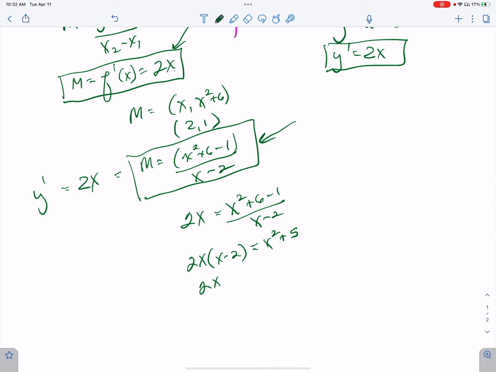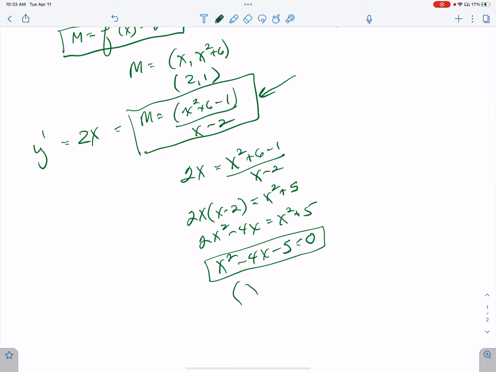We have 2x squared, as we distribute, equals x squared plus 5. x squared minus 4x minus 5 equals 0, because we know that this is the approach we must use in order to solve a quadratic. Well, from your basic first year algebra class, you will notice that this factors into (x minus 5) times (x plus 1), which leaves us with x solutions of 5 and negative 1.